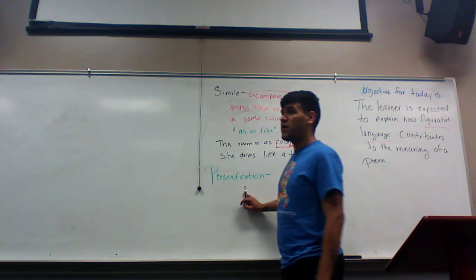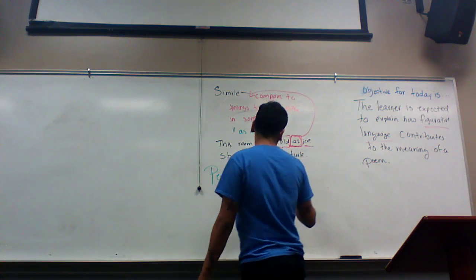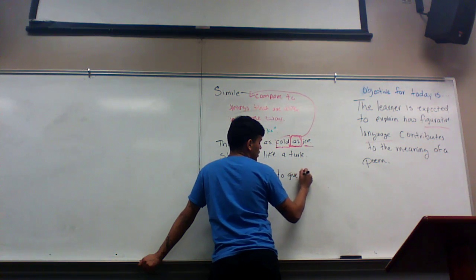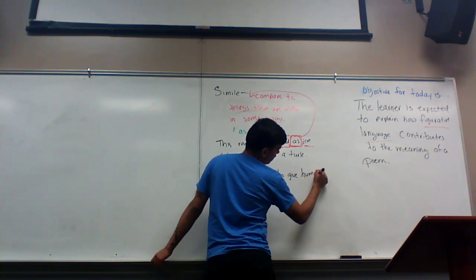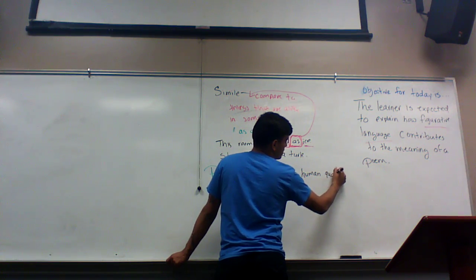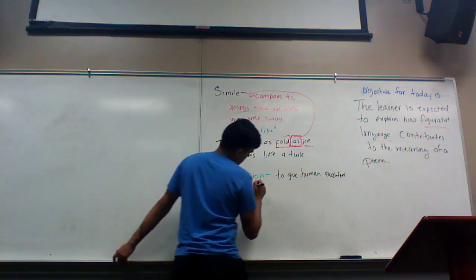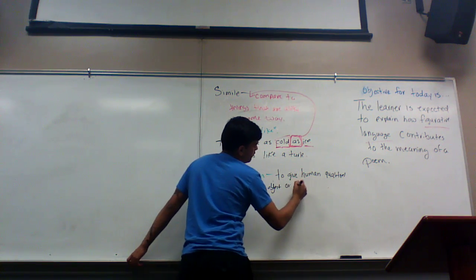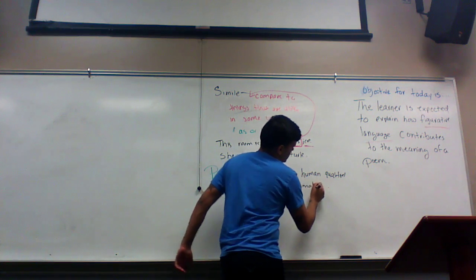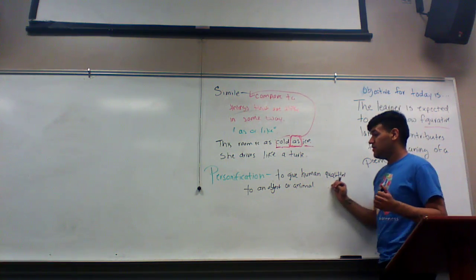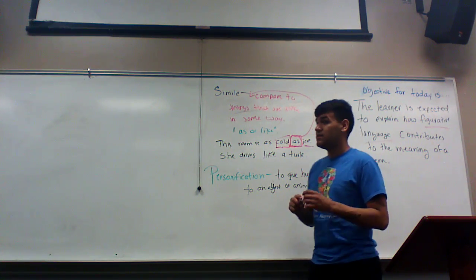The writer uses personification, guys, to give human qualities to an object or animal. So basically you give life to an object, human life to an object or an animal, okay guys?